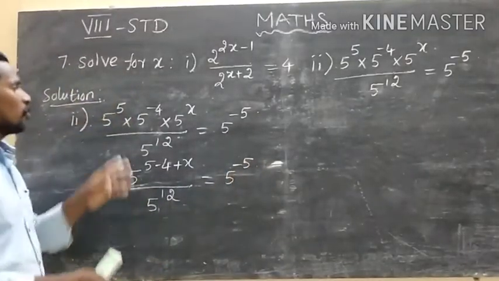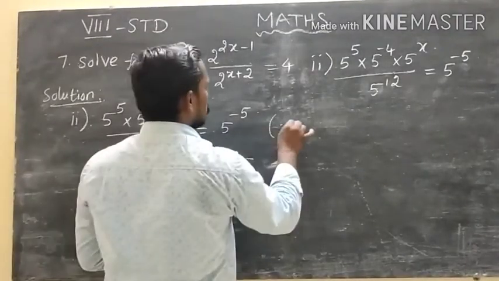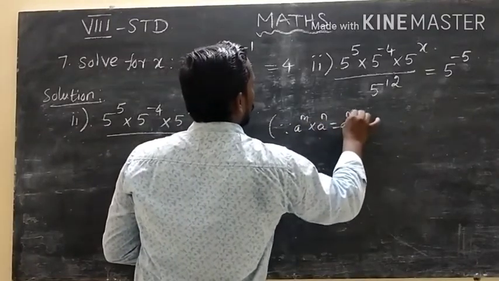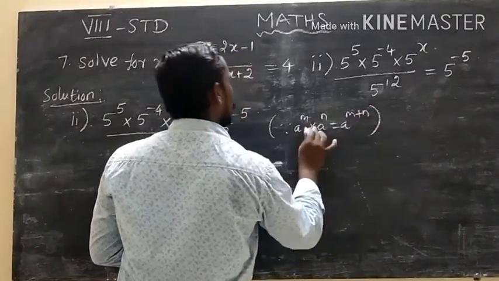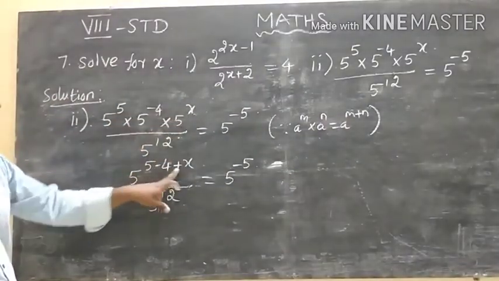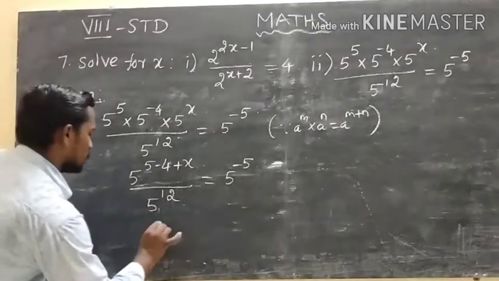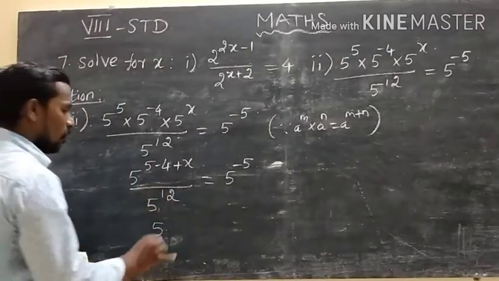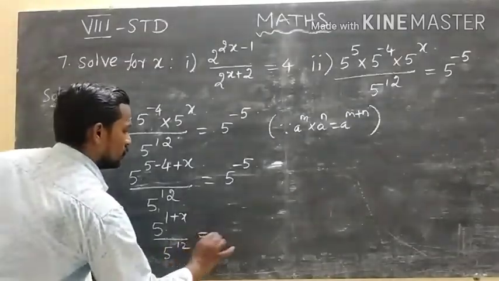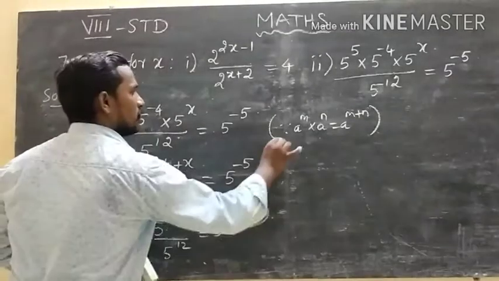This is a product rule, since a power m into a power n equal to a power m plus n. The bases are equal, so we add the powers. Then the result is 5 power (5 minus 4 plus x), that is 5 power 1 plus x, divided by 5 power 12, which is equal to 5 power minus 5.